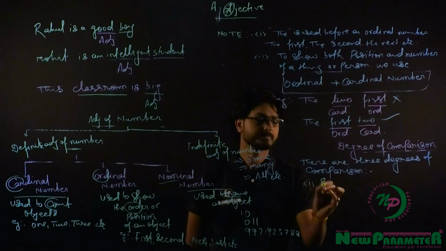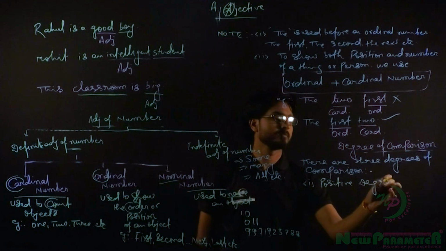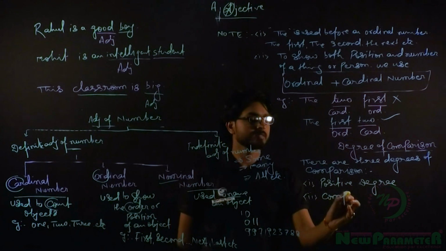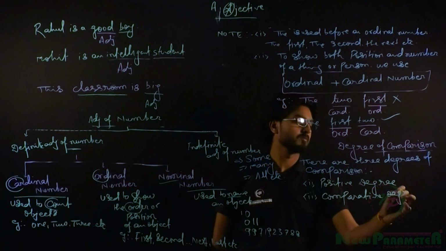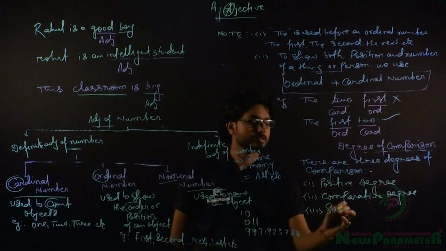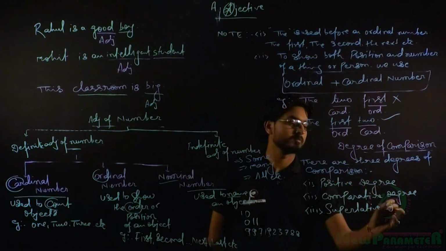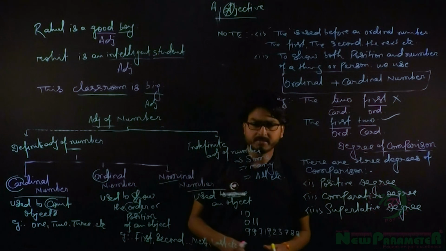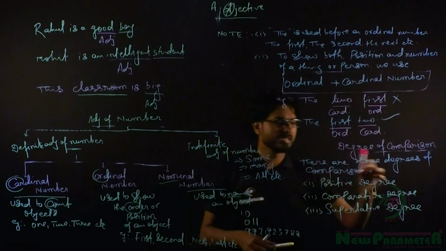That is, positive degree. The second one is comparative degree. And the third one is superlative degree. Positive degree, comparative degree and superlative degree: these are the 3 degrees of comparison. I know you know very well what the positive degree is.